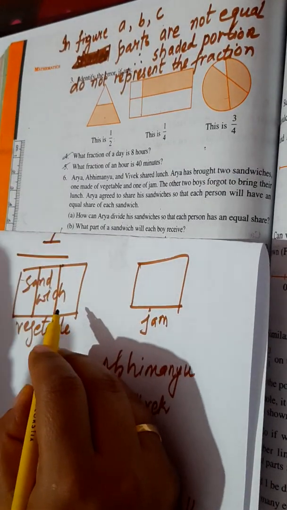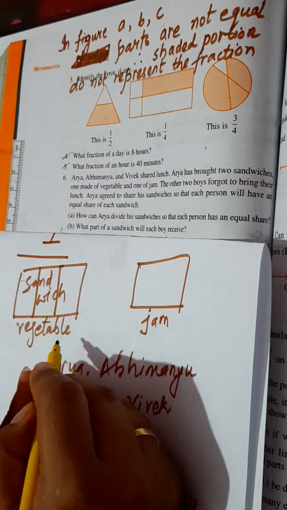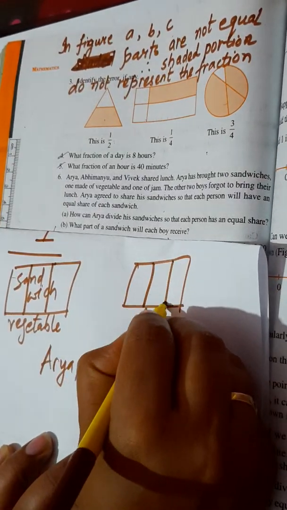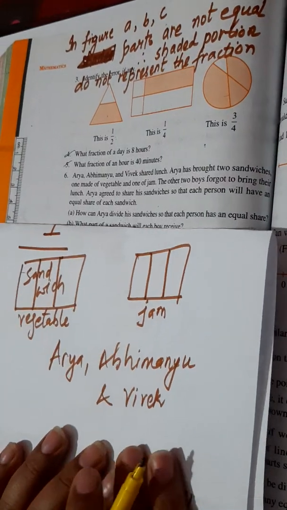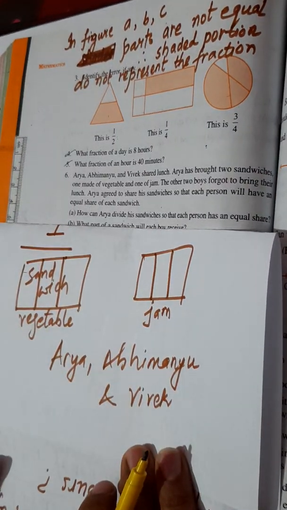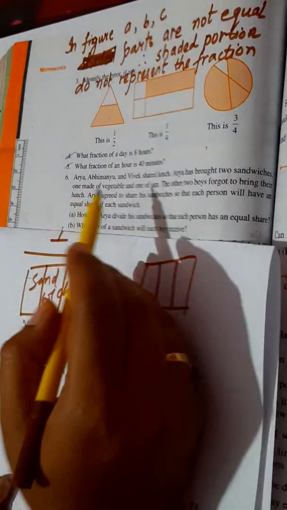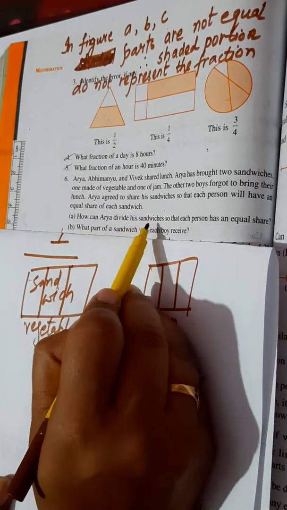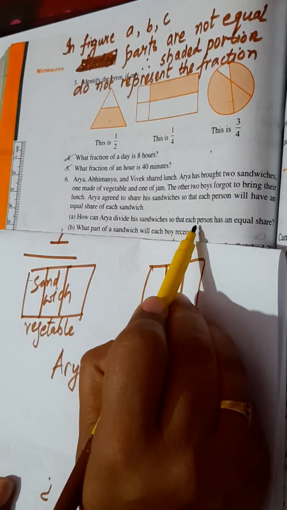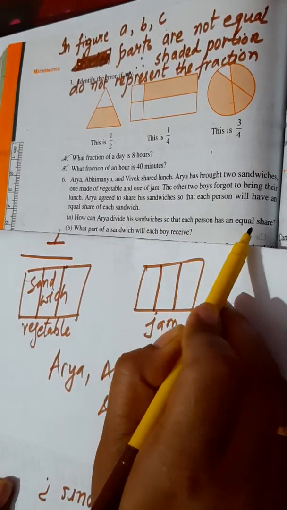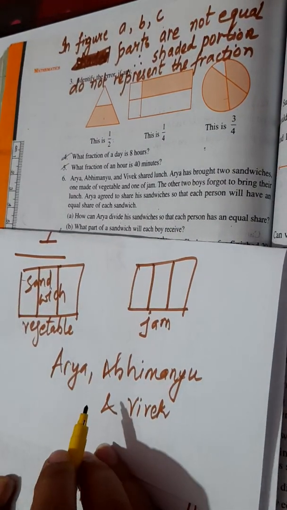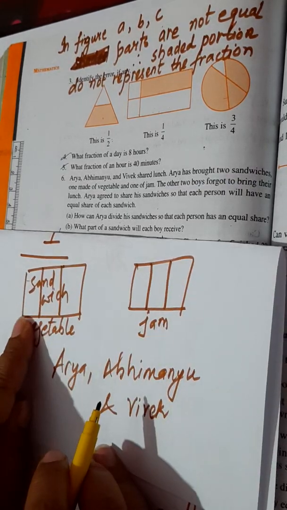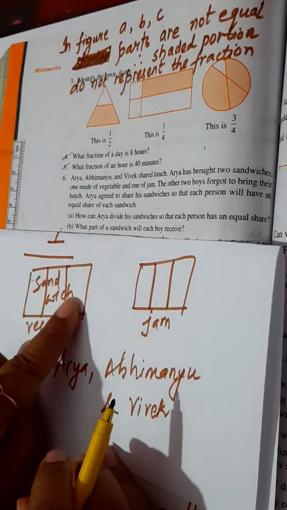Here he will divide 3 equal parts of vegetable and 3 equal parts of jam sandwich, so that each one will get equal share. So here we have the question, how can Arya divide his sandwich so that each person has an equal share? For this, he must divide the sandwich into how many equal parts? 3 equal parts.